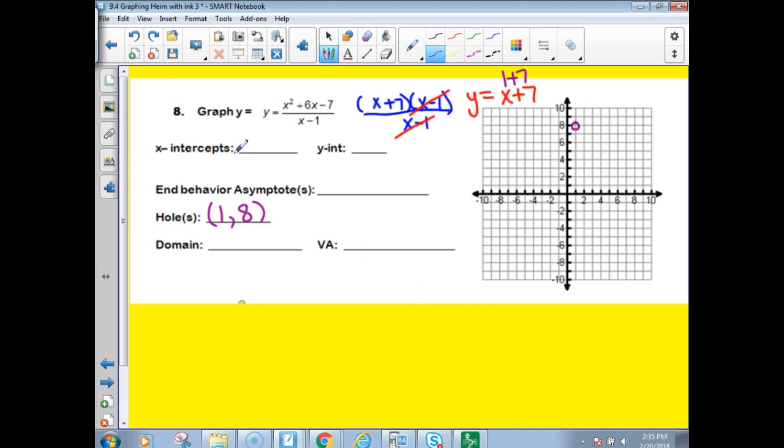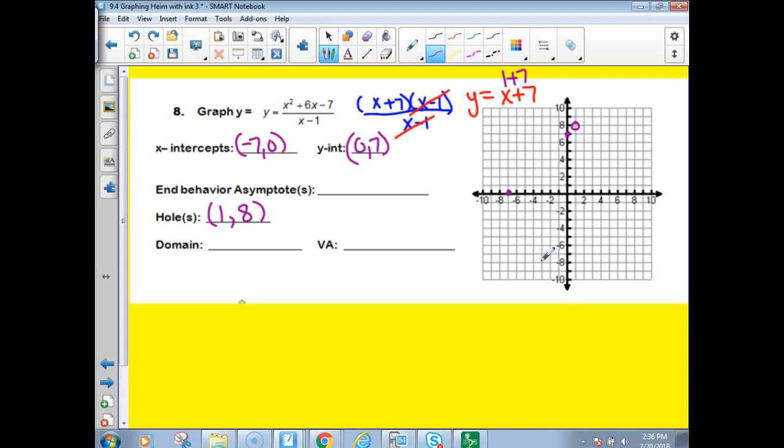And then I'm going to say, well, where do I have an x-intercept? That's at -7 because that's the only 0 left in the numerator. I'm going to put a point there. The y-intercept would be if I plugged in 0 for x, which would give me 7. So (0, 7) is right there.